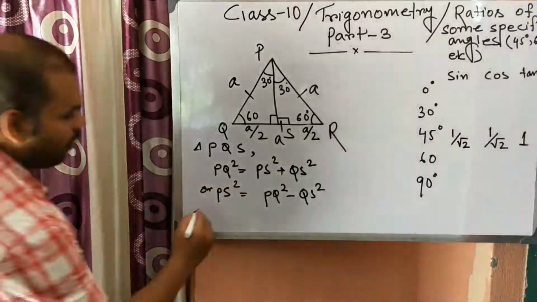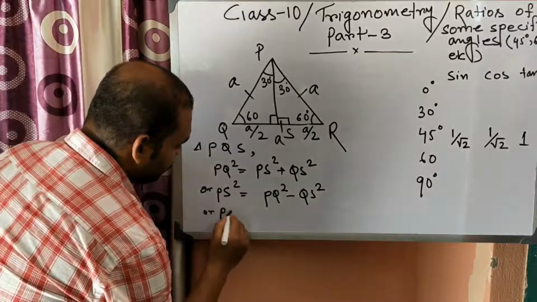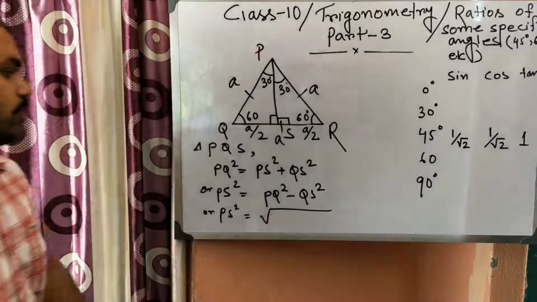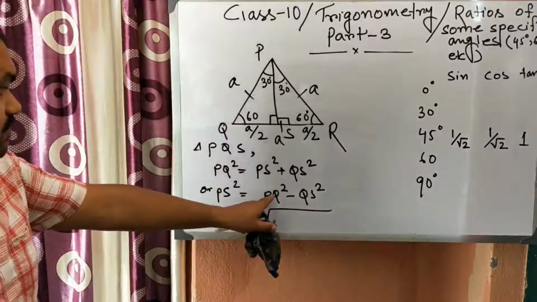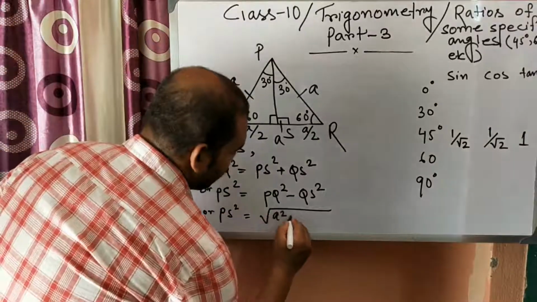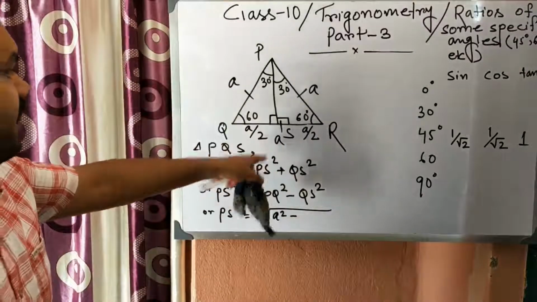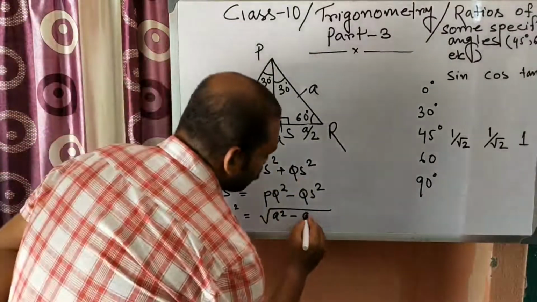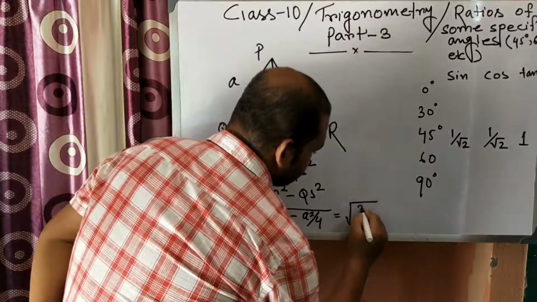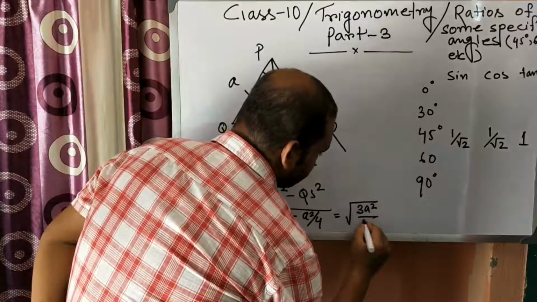The value of PQ is A, so A square minus QS, A by 2, whole square, which means A square by 4. So you will get 3A square by 4.